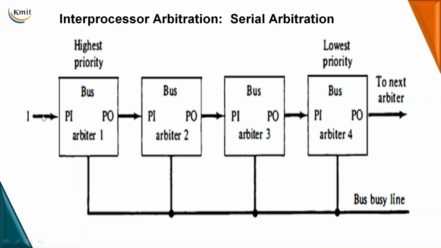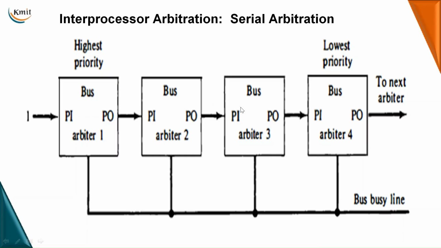So the PI of the highest priority unit, this is the highest priority processor, is maintained at logic 1. So this will always be at logic 1. The highest priority unit will always receive access to the system bus whenever it requests. Let's say the highest priority processor requests the bus, it will be granted access automatically.